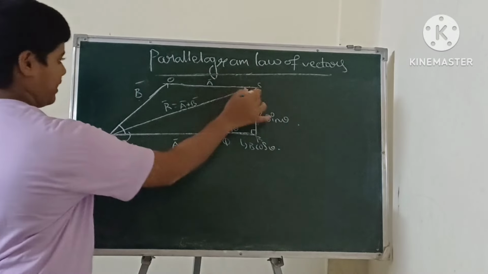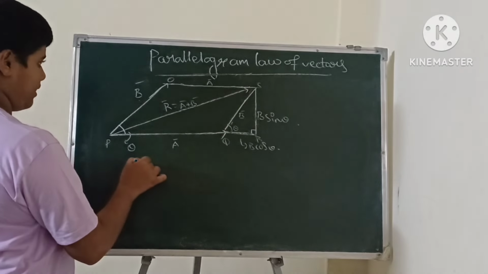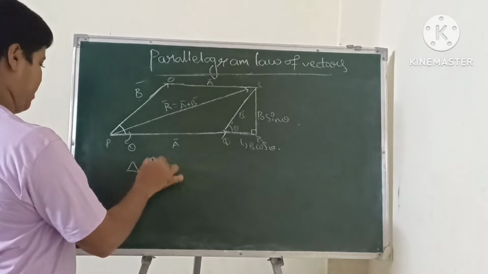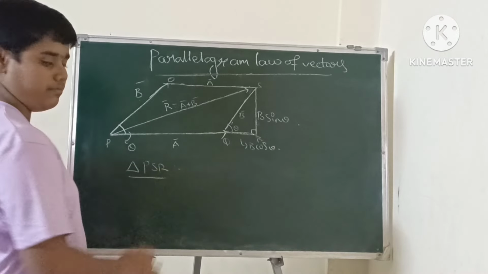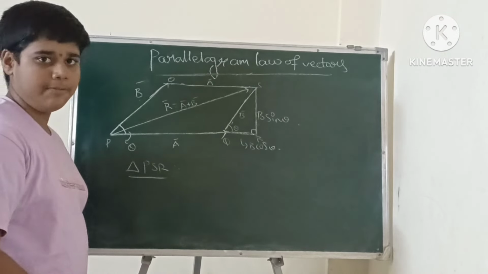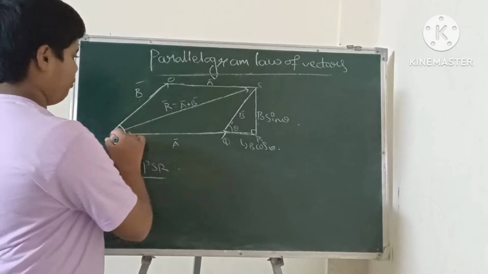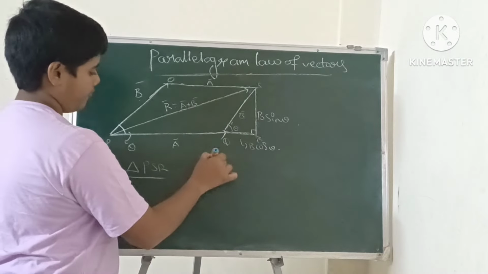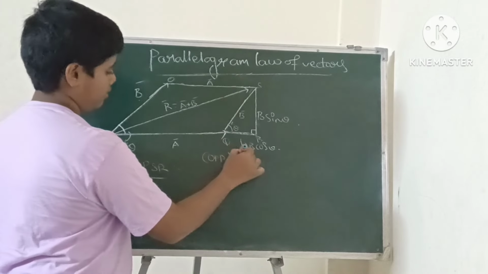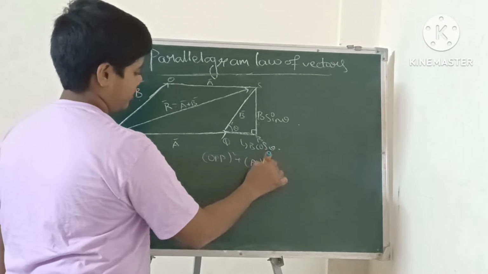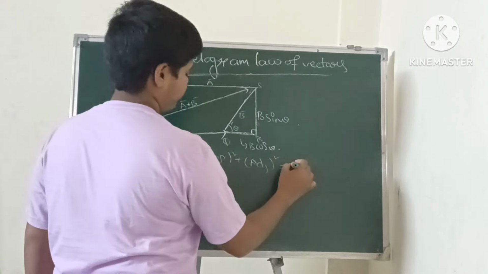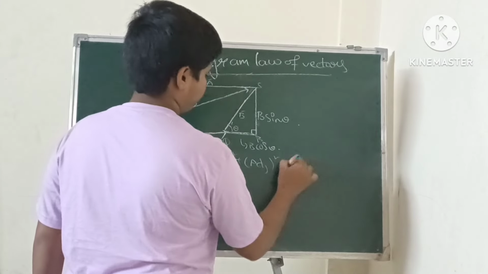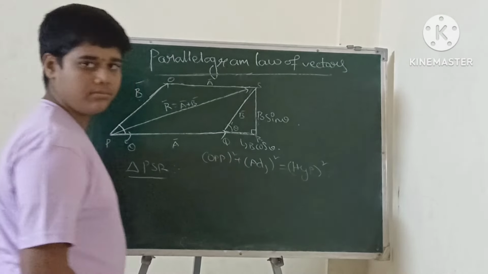And from this triangle PSR, we can use the formula of Pythagoras theorem: opposite side whole square plus adjacent side whole square is equal to hypotenuse whole square.